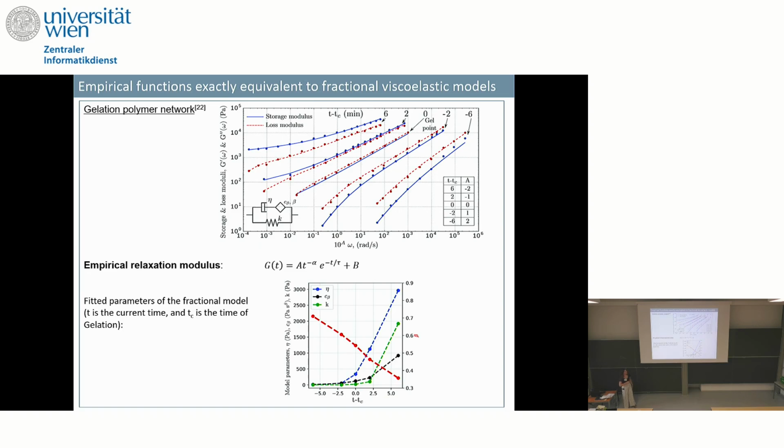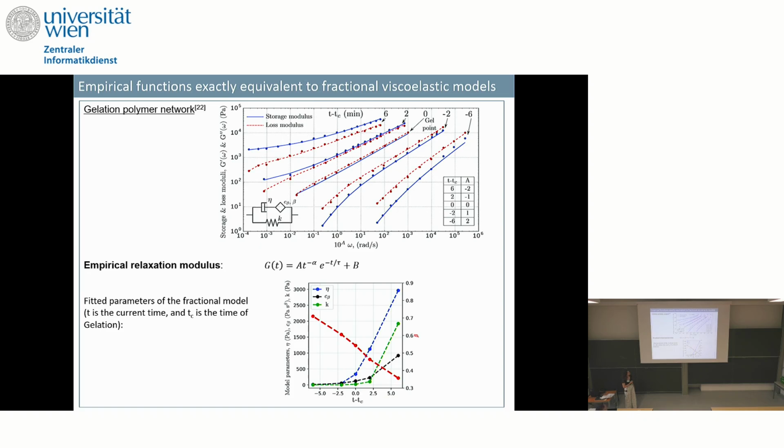And we looked at how the parameters changed and if it sort of made sense. So at gelation point, you can see that G prime and G double prime are the same. In fact, that corresponds to a beta, which is our red line, of 0.5. So the storage and loss moduli are the same. What does that physically mean? I don't have an answer, so maybe someone with more insight.